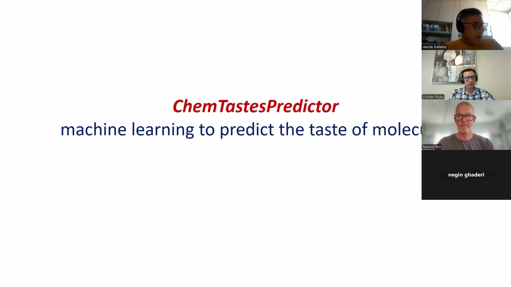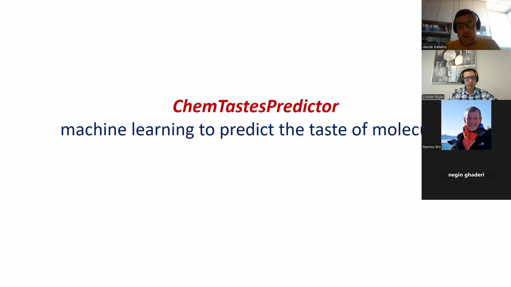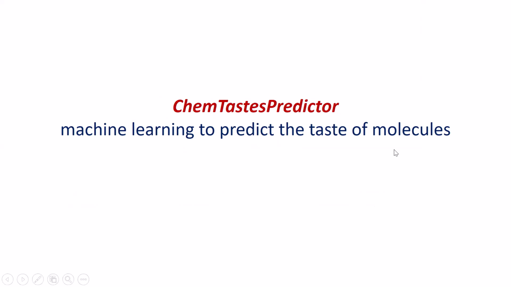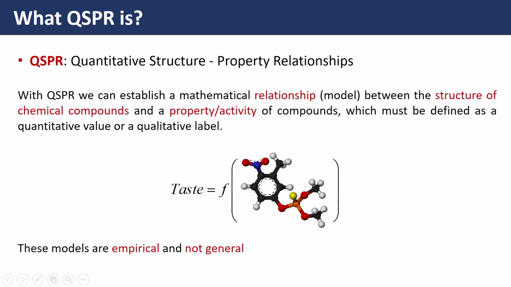So as Christian explained before, all the information is organized and structured in the ChemTastesDB. It's nice because it's the beginning of the modeling that you can do on the basis of the QSAR approach. So what does it mean?